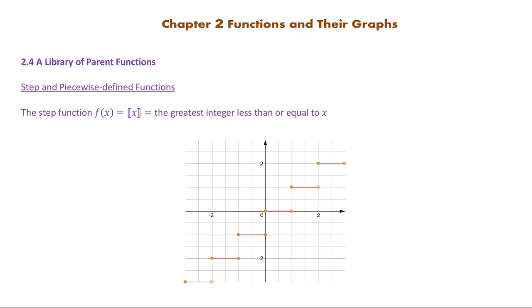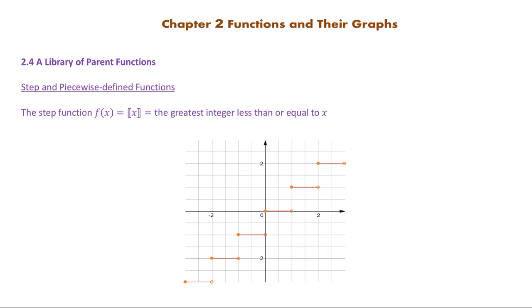For example, when x is 0.1, the greatest integer less than or equal to 0.1 is 0. Or x equal to 0.5, the greatest integer less than or equal to 0.5 is 0 also. Or when x equals 0.9, the greatest integer less than or equal to 0.9 is 0 also.